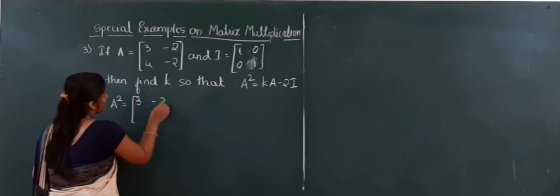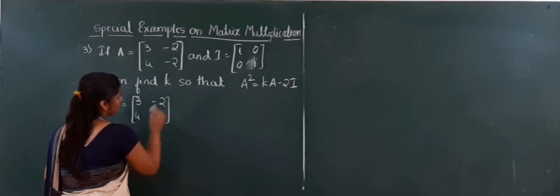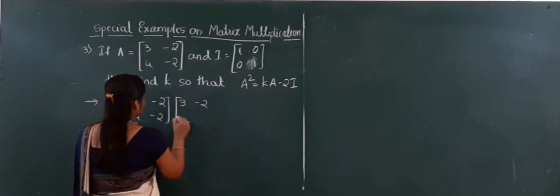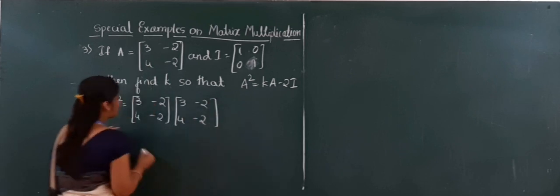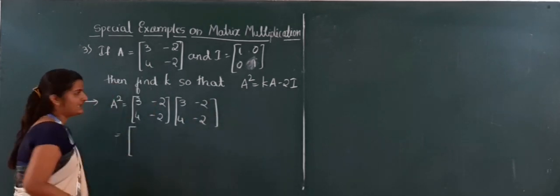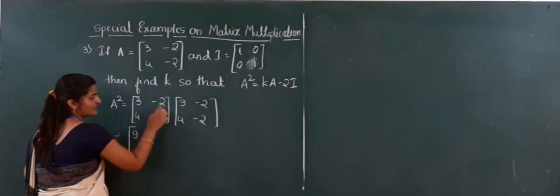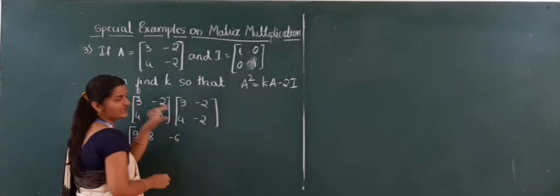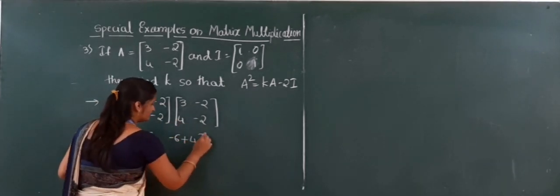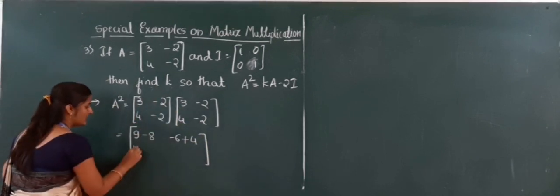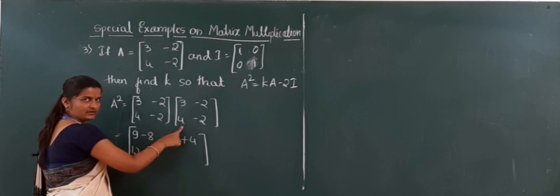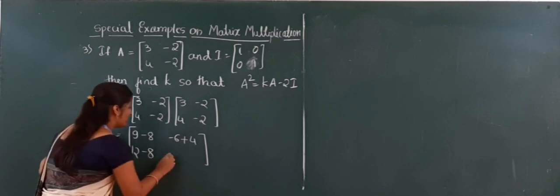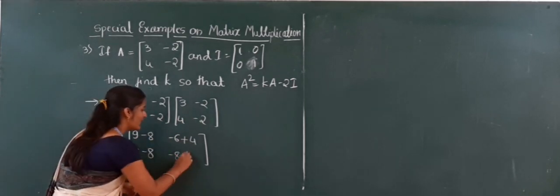A is 3 minus 2, 4 minus 2. A square means A into A. So I will multiply 3 minus 2, 4 minus 2. So 2 by 2 matrix multiplication is very easy. 3 3s are 9 minus 2 into 4 minus 8. 3 2s are minus 6 minus 2 into minus 2 plus 4. 4 3s are 12 minus 2 into 4, minus 2 into 4 is minus 8. 4 2s are minus 8 minus 2 into minus 2 plus 4.